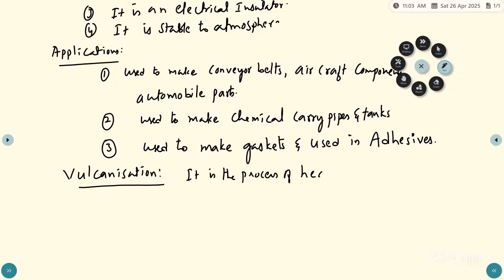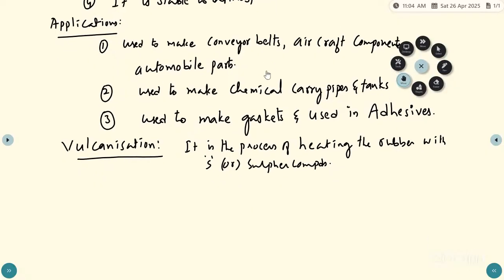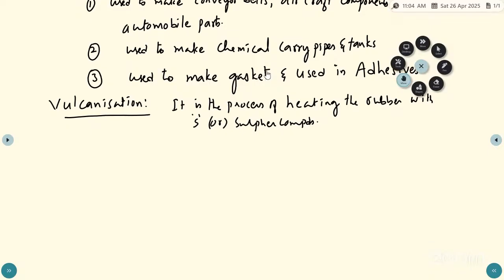By vulcanization, we can remove the double bonds in the rubber. So the process is like this.